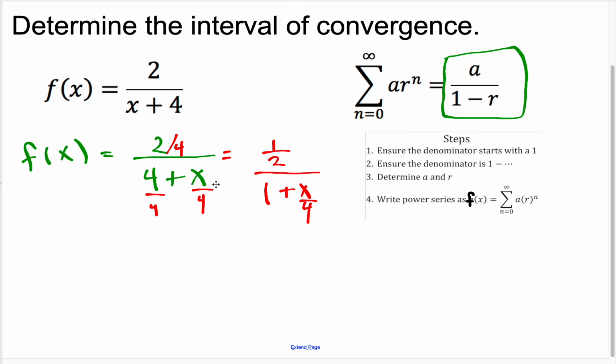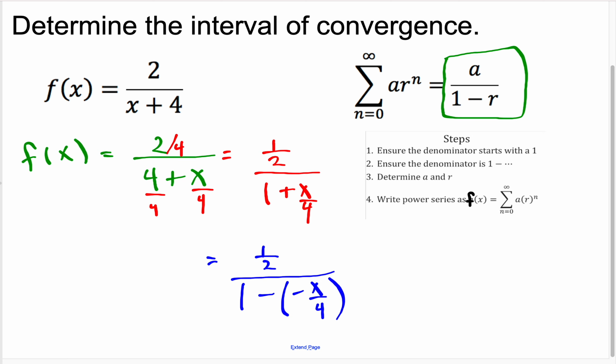Now, step 2, we want to make sure that the denominator is 1 minus. Well, how do we change a 1 plus to a 1 minus? We don't want to multiply by a negative because I don't want to change that 1 to a negative. So how do I change that plus to a negative? I go like this, minus a minus. That's the same thing as 1 plus.